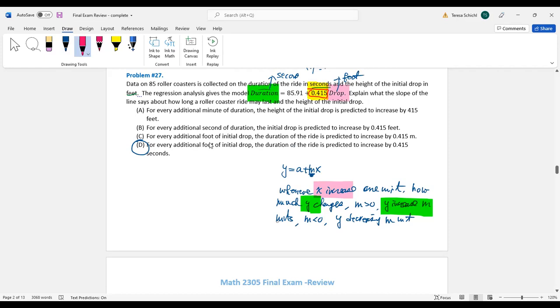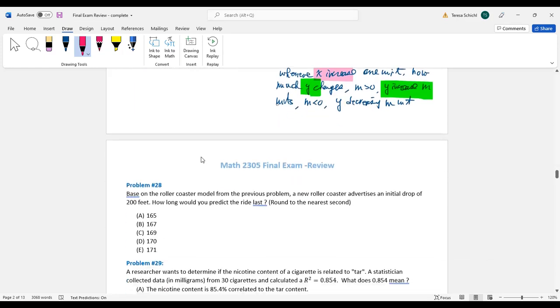One says for every additional minute of duration, the height of the initial drop is predicted to increase; no, because they have x and y exchanged. Another says for every additional second of duration, the initial drop is predicted to increase; no. Part C says for every additional foot of the initial drop, the duration is predicted, and that sounds very good, but it says 0.415 meter. No, that's not right. It's predicted that the duration increases by 0.415.